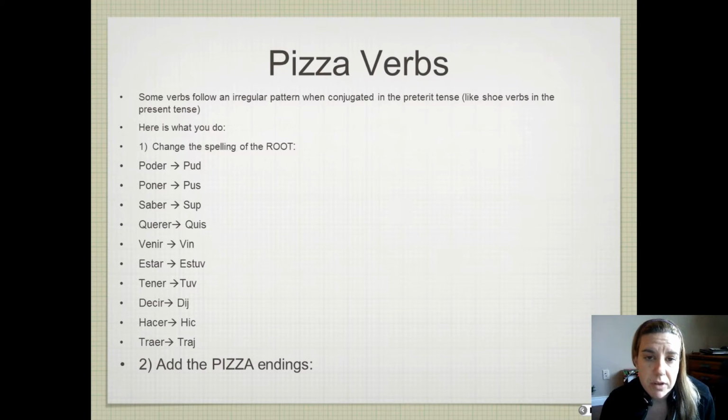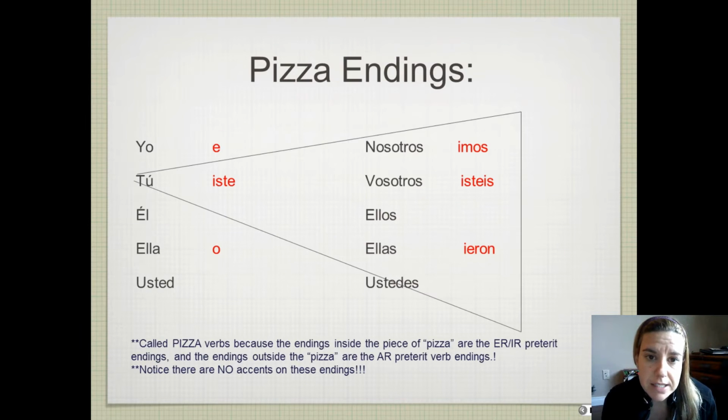For example, the verb poder changes to pud, poner changes to pus, saber changes to sup, and so on and so forth. You can read all of the ways that each verb changes the spelling in the stem, or the root of the verb, and then you add the different endings.